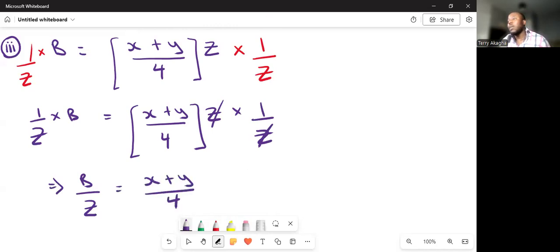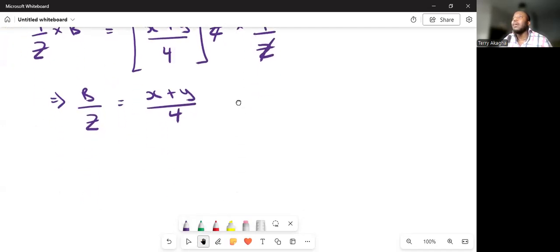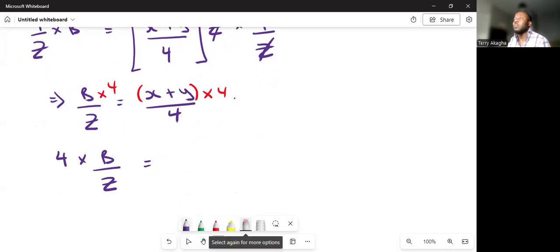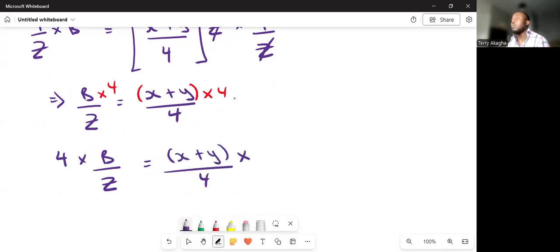Now, the next part, I need to get rid of fractions. By now, I don't want fractions near x. So what I'm going to do is multiply all this by 4, then multiply this side as well by 4. So we're going to have 4 multiplied by b over z equal to (x plus y) over 4 times 4.